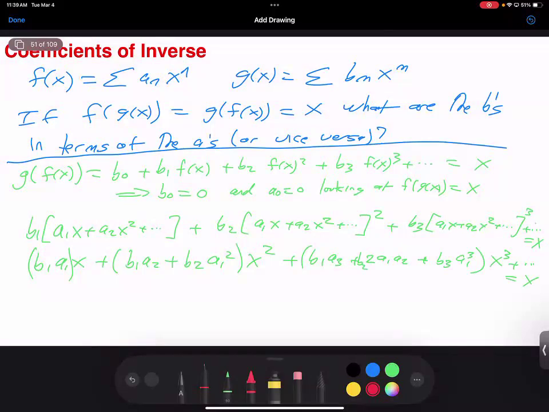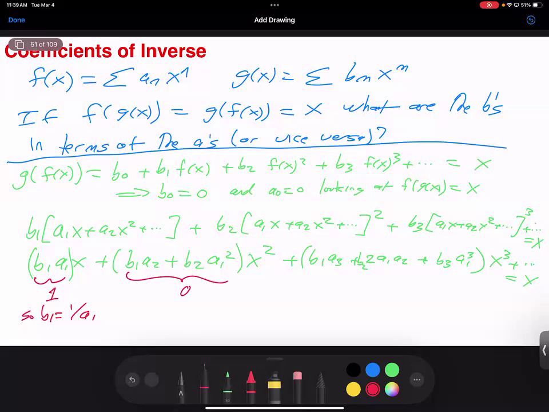So what do we know about b1 a1? It equals 1. So b1 equals 1 over a1. What about this? What does that equal? 0. Will we be able to solve for this? So can we find b2 in terms of the earlier b's and the a's? We're assuming we know the a's.